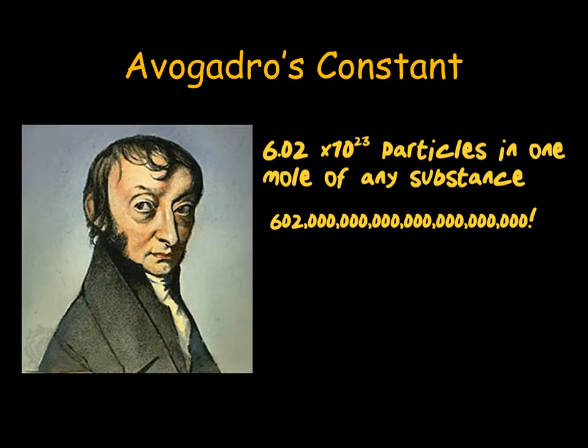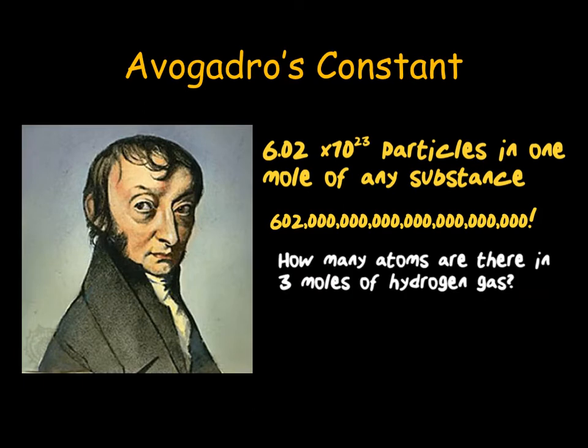For example, how many atoms are there in 3 moles of hydrogen gas? First, we multiply our number of moles by Avogadro's constant, so 3 times 6.02 times 10 to the 23, which gives us 1.81 times 10 to the 24. As hydrogen goes around as a diatomic molecule, it's H2, as we've looked at in the previous video.